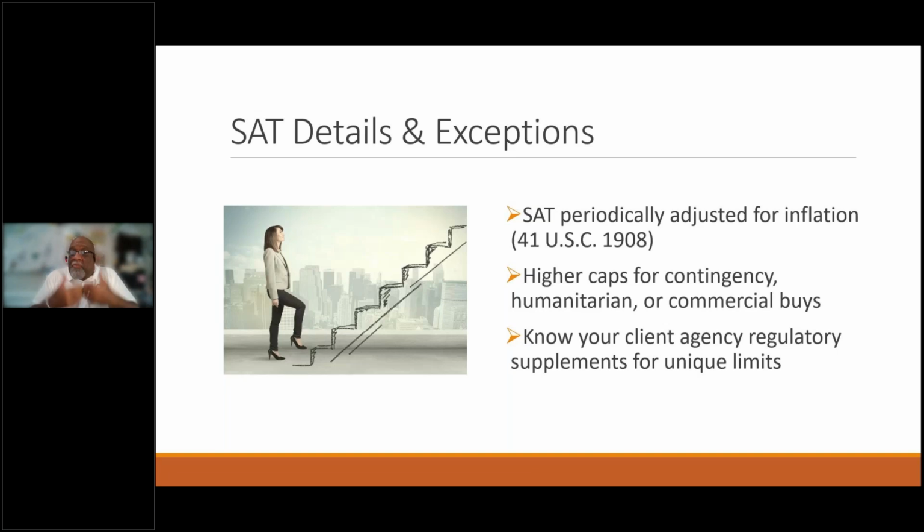Just because it's provided at the federal level doesn't mean that every agency uses all of it. So when you are targeting client agencies to support, make sure that you have a situational awareness of what those regulatory supplements say in terms of their caps. They may or may not be equal to the federal caps during contingency or humanitarian activities.